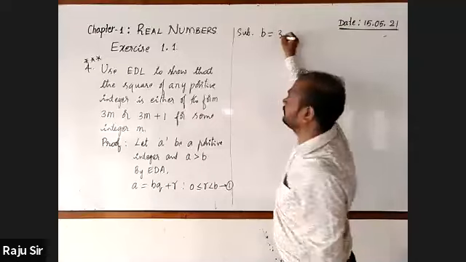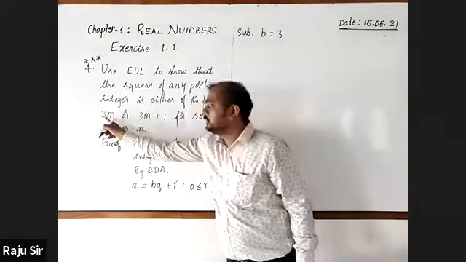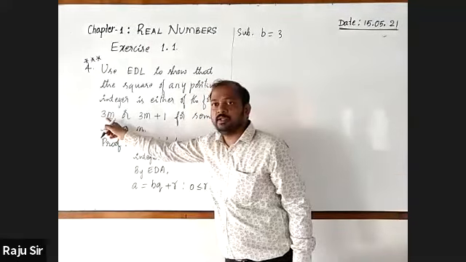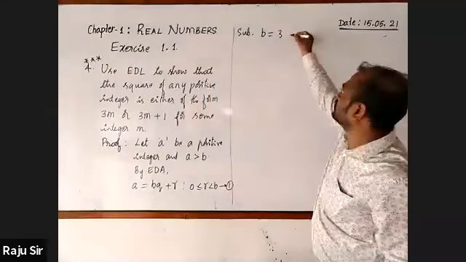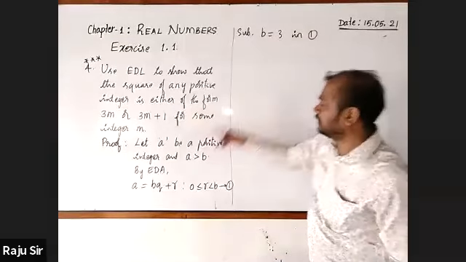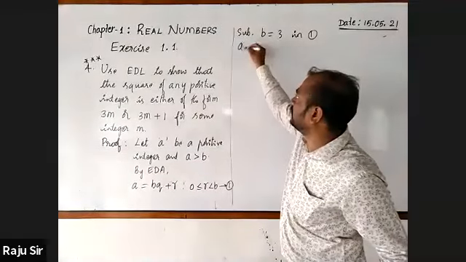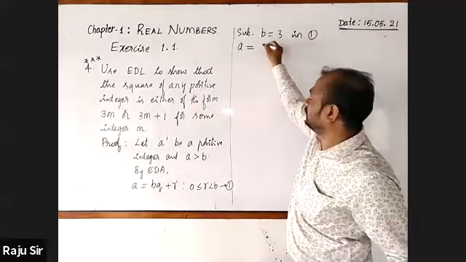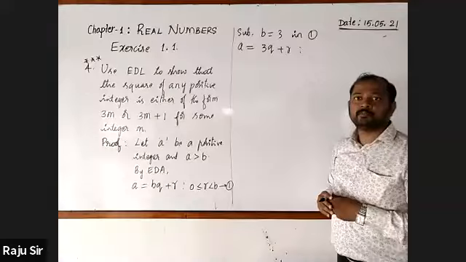Substituting b is equal to 3 in statement 1. Very good, you are right. Substitute b equal to 3 because in place of b, nothing but the divisor, 3 is there. Now, we can rewrite statement 1 as a is equal to 3q plus r.